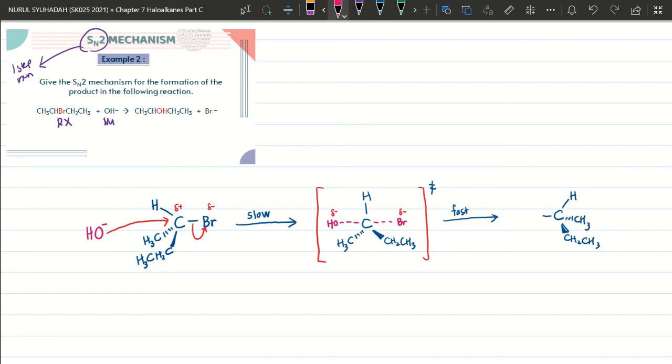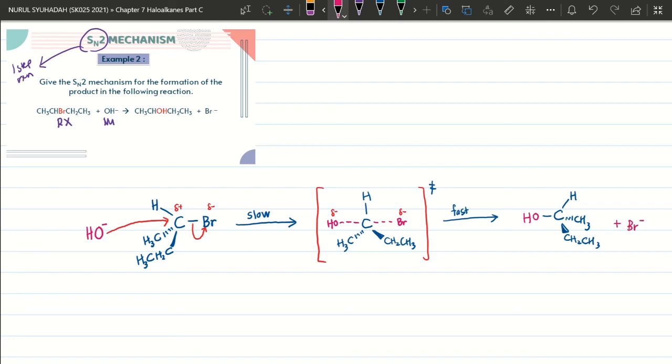And then we have formed the OH bond here. So we have obtained the substituted haloalkane, where the halogen group has been substituted by the nucleophile. And don't forget we have removed bromine, so it becomes Br minus.